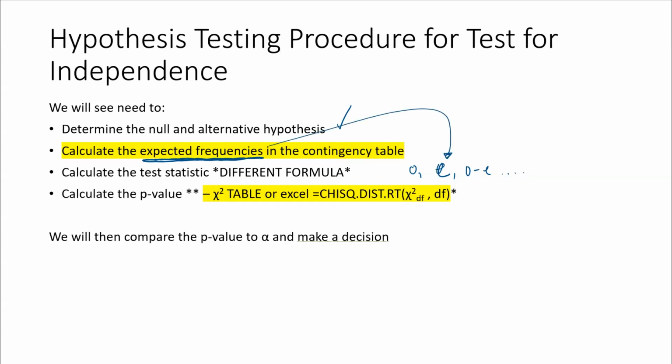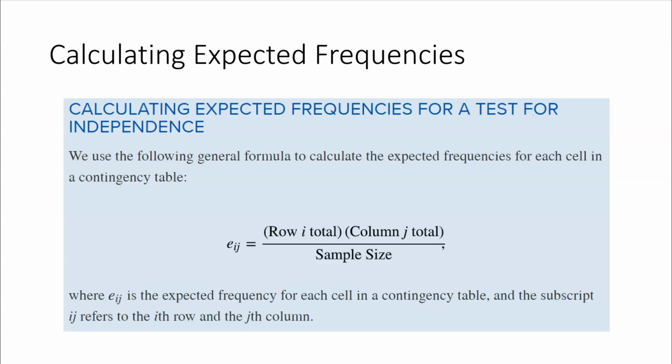So we'll calculate those, then we'll use the test statistic and the p-value. Our expected frequencies, how we're going to get those is we take the row value, multiply it by the column value, and divide it by the total, or the sample size.